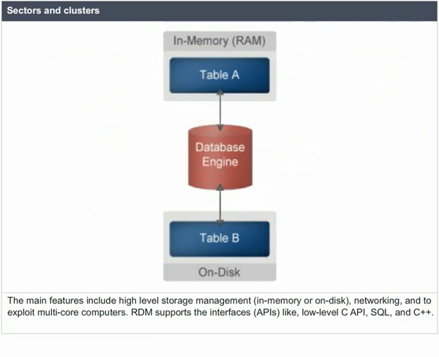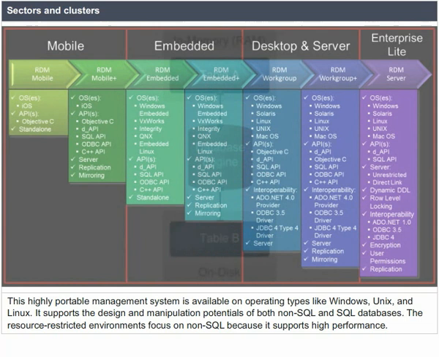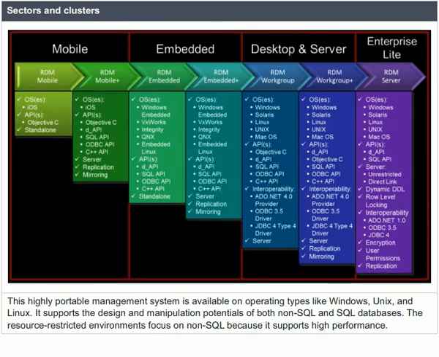RDM supports interfaces, APIs, like low-level C API, SQL, and C++. This highly portable management system is available on operating types like Windows, Unix, and Linux. It supports the design and manipulation potentials of both non-SQL and SQL databases.